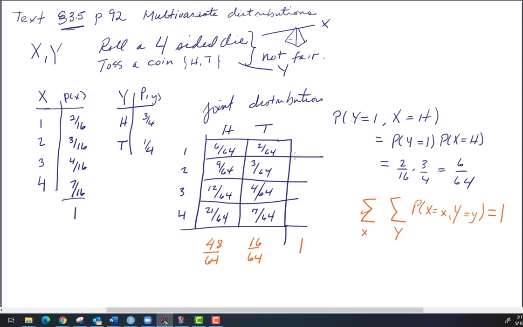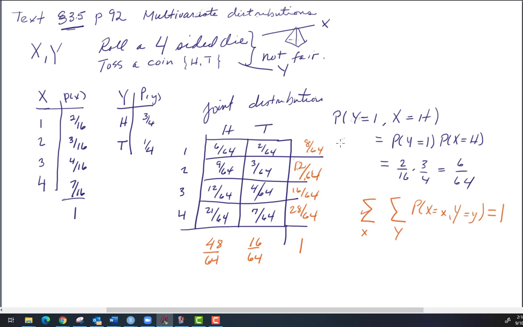Now let's add across also. And if we add across, we get 8/64. 12/64 is what this would be. 12/64. 16/64. And 28/64. And now I want to reduce these to lowest terms just for illustration.